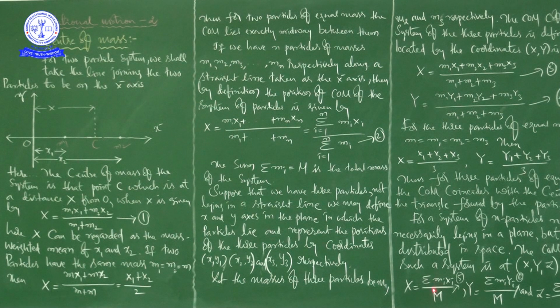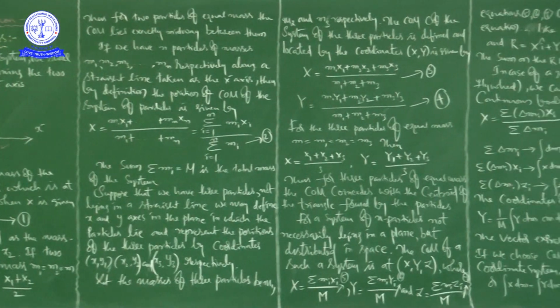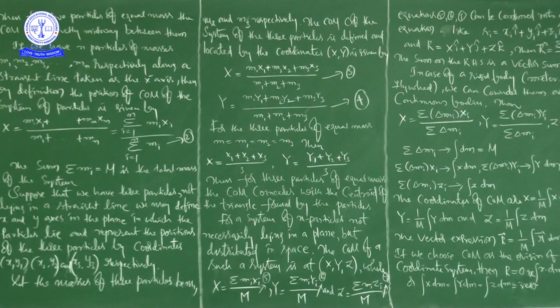Okay, right. So from these three equations, as usual, in place of sigma mi, directly we put the total mass, capital M, right? Okay, and this is the position, the same thing; individually we are writing the x coordinate, y coordinate and z coordinate. Afterwards, if you want to write a single equation representing all these things, that is also possible.